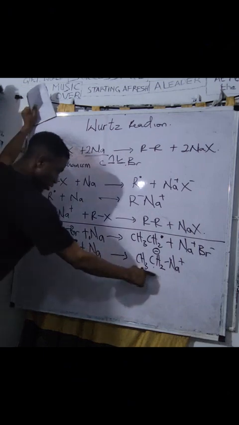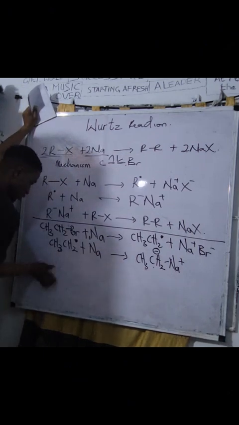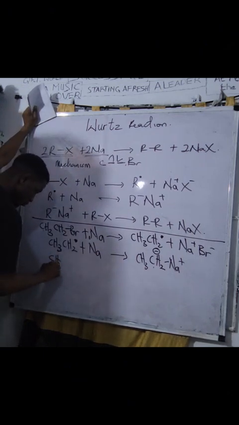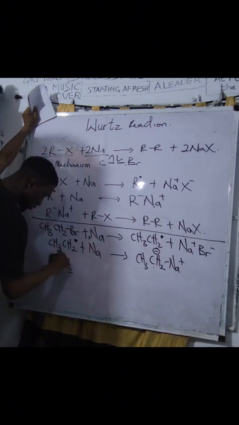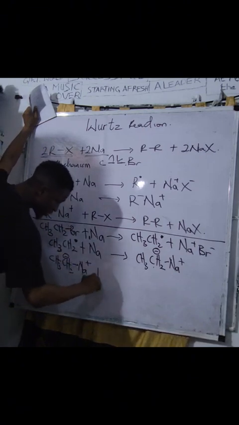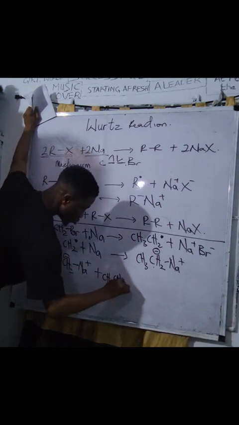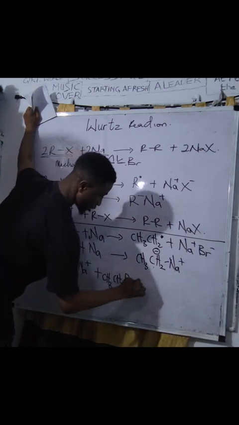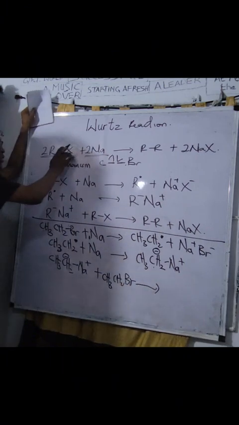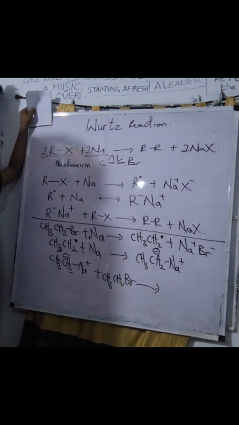So this CH3CH2 that is minus, Na plus, will now be attacked by the CH3CH2Br, the initial one. That is the second molecule, since this is two of it.